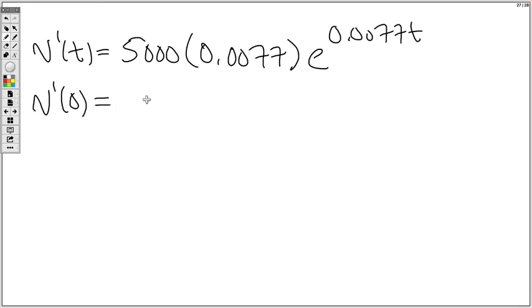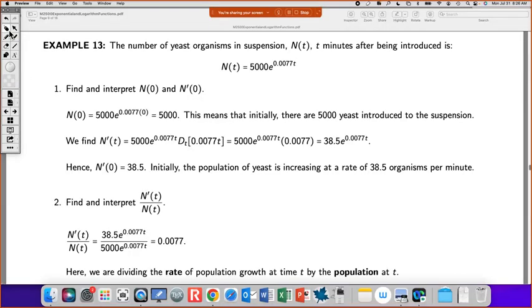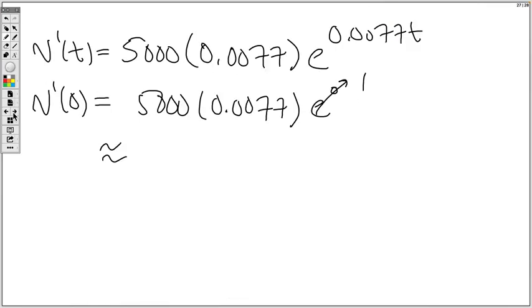And if I plug 0 into that, and as before, what's e to the 0? 1. Let's see what decimal that works out to be. 38.5. So that's the find part.